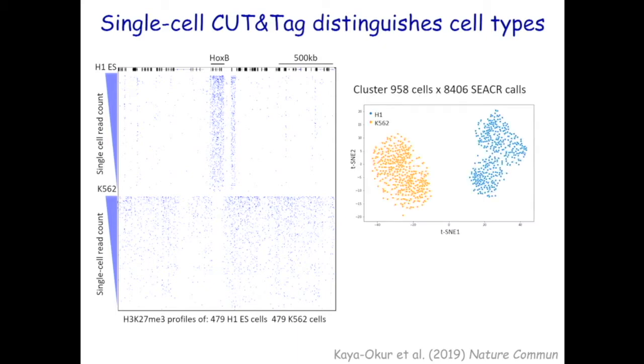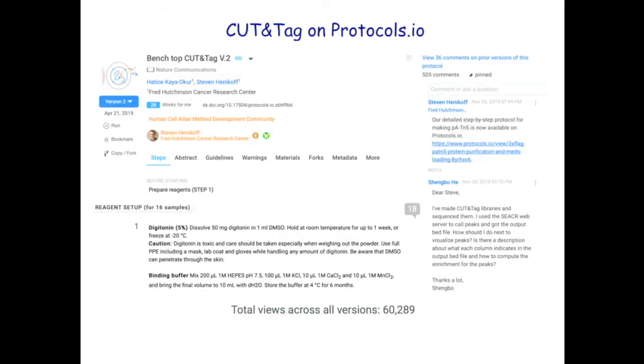So we're currently working on applying this to a developing system, which I'm going to get to next. So CUT&Tag is now also very popular. It's perhaps more popular than CUT&RUN. We've already sent out about 500 aliquots to 500 labs, and here I answer the questions for the CUT&Tag protocol.